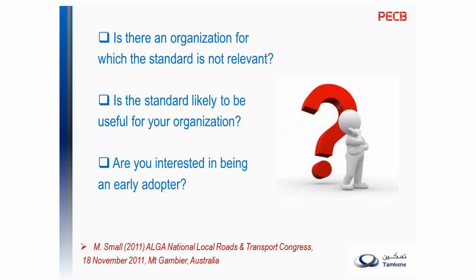So in general, if we are asking what is the importance of ISO 39001, we can ask these three basic questions. Is there any organization for which the standard is not relevant? Is the standard likely to be useful for your organization with this kind of road traffic safety management system? Or are you interested to be an early adopter?